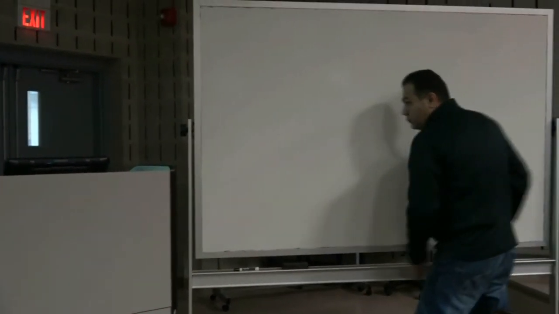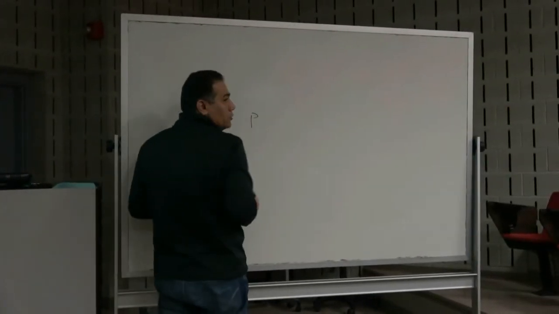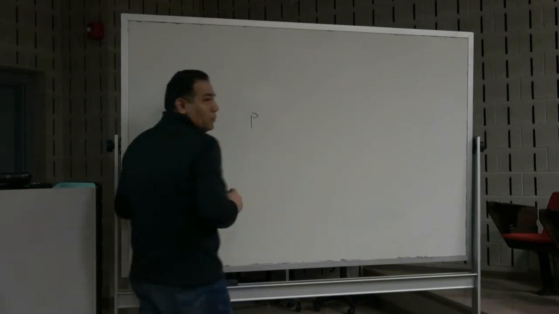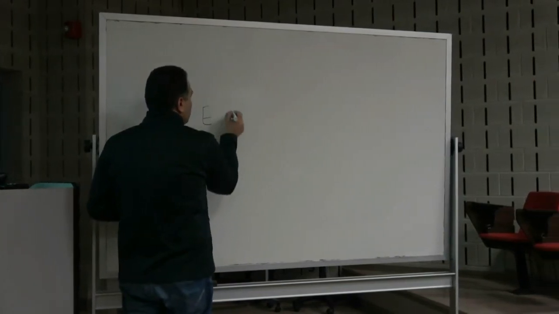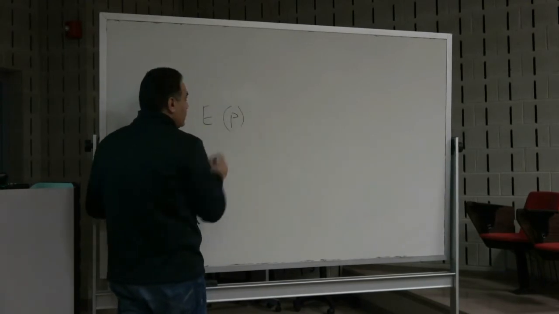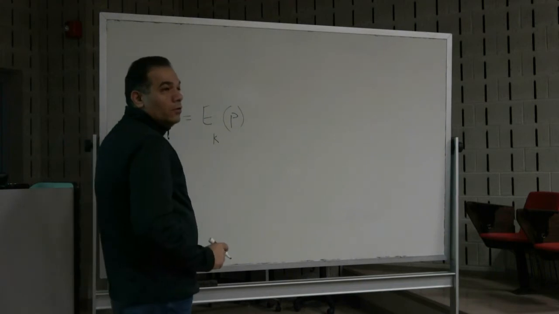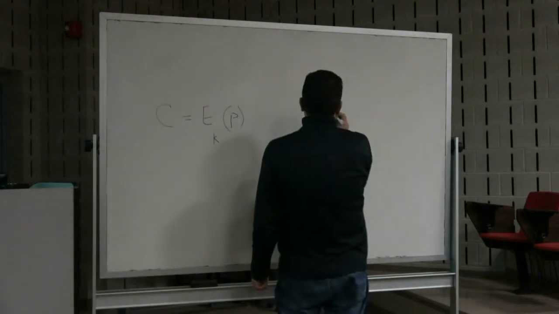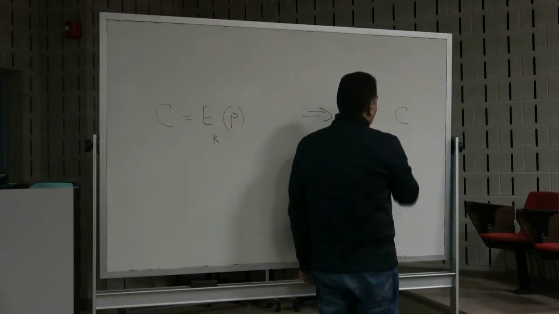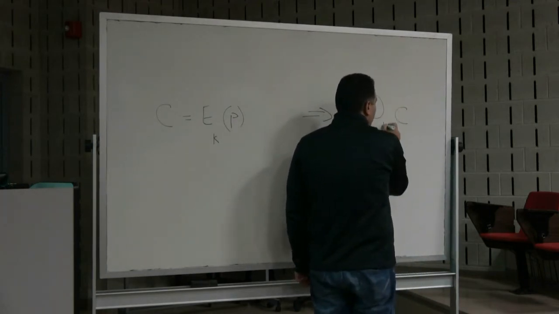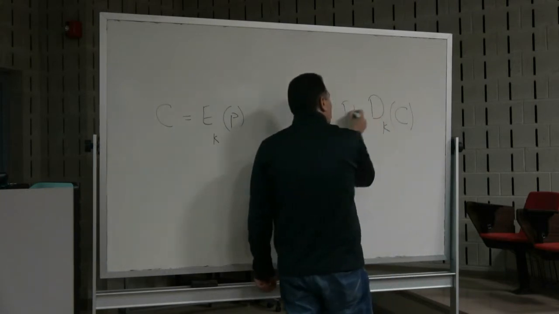Again, you have a plain text, which is a message. What you have to do is encrypt it. Encryption of P, using what? The key. That will give you the ciphertext. The recipient will receive the C. To be able to read it, he has to do decryption using the key for the ciphertext, which will give you the plain text.